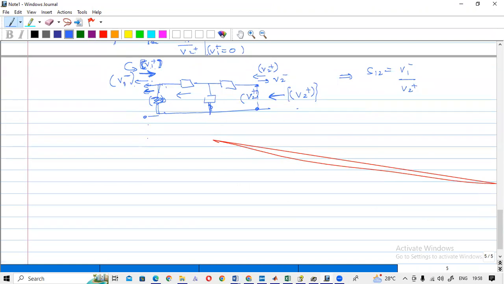If I draw this again, we have V2 here. You can see that this terminal is not open nor short. It is connected to the load, so current can go through it.